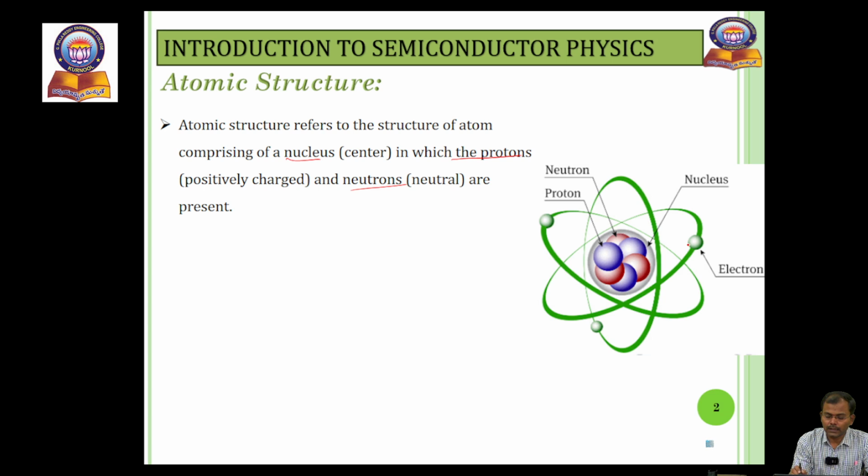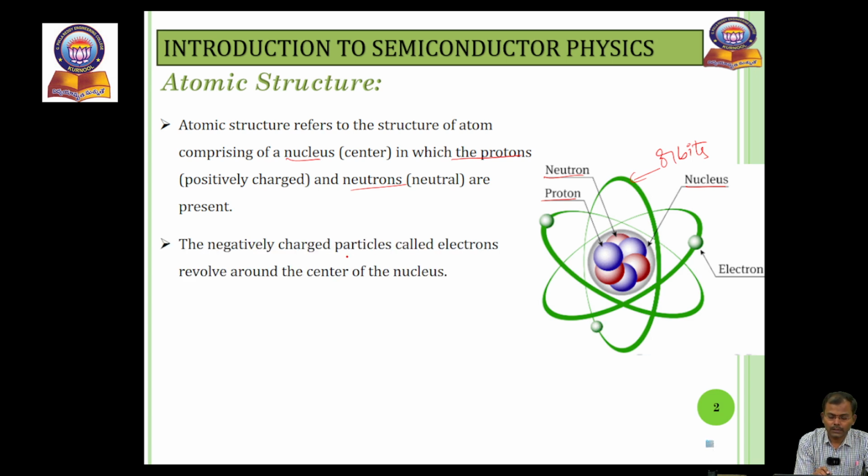In the center it has the nucleus, and this nucleus contains neutrons and protons, and these are the orbits. In these orbits you have the electrons.